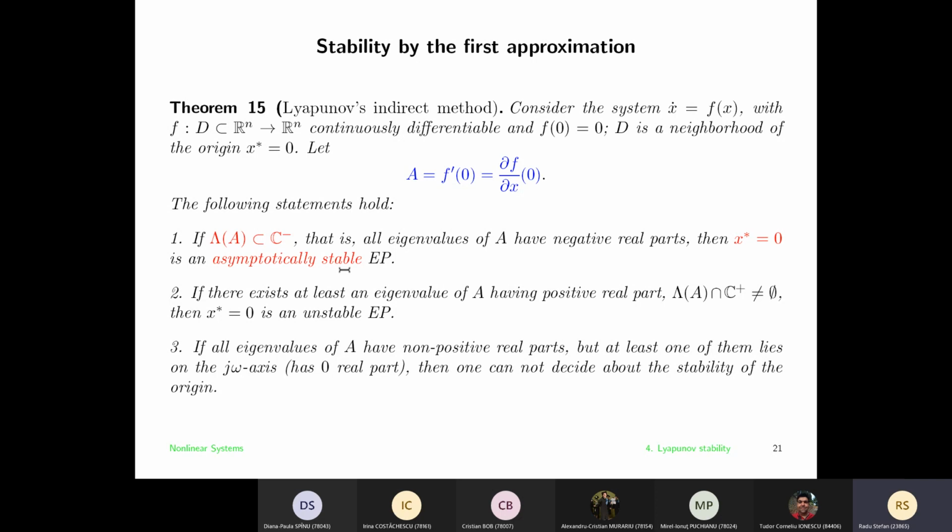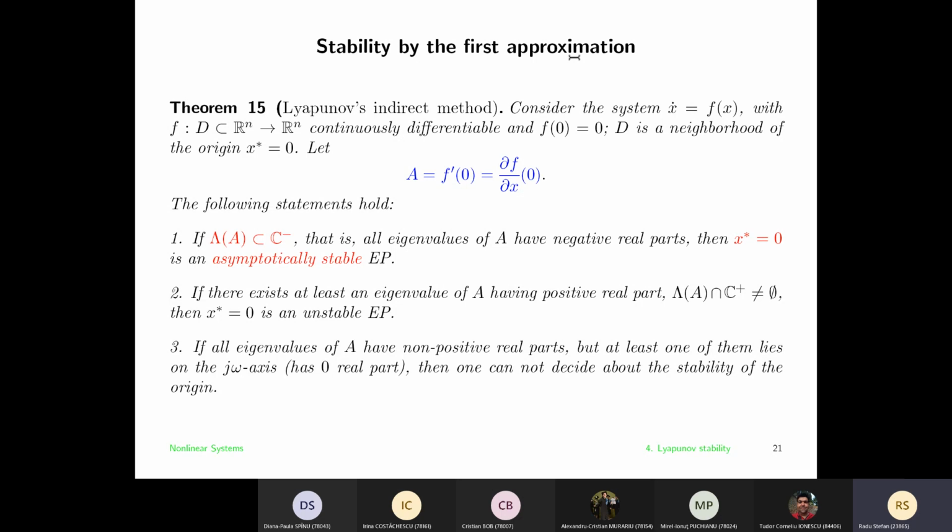You see how strong this result is. I have an arbitrary non-linear system. I look at the Jacobian matrix and I decide whether the origin is stable or not. I don't have to look for a Lyapunov function because Lyapunov looked for us.